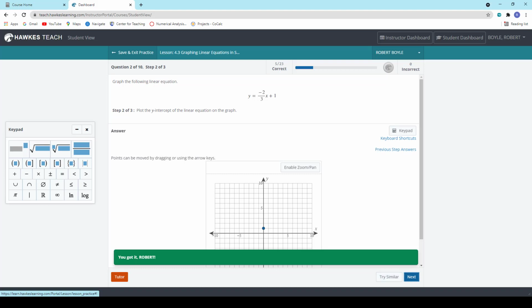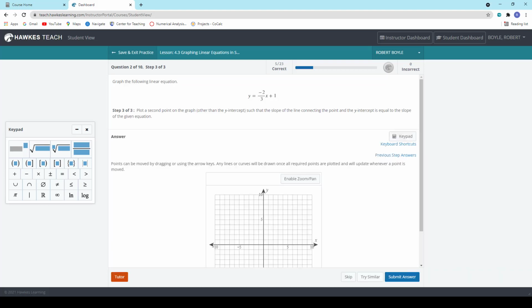And now we can move on to the third part, which is to plot the second point. So let's go ahead and start with the previous step answers. We know that the y-intercept is equal to 1. So we're going to start here. Now the slope is -2/3, so the rise is -2, which means you want to go down 1, 2, and now the run is 3.